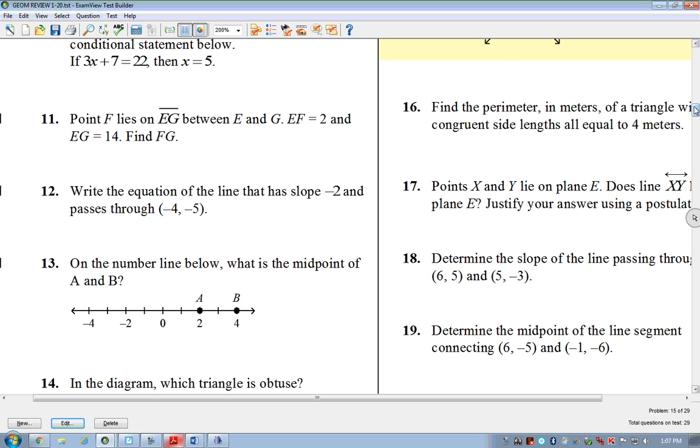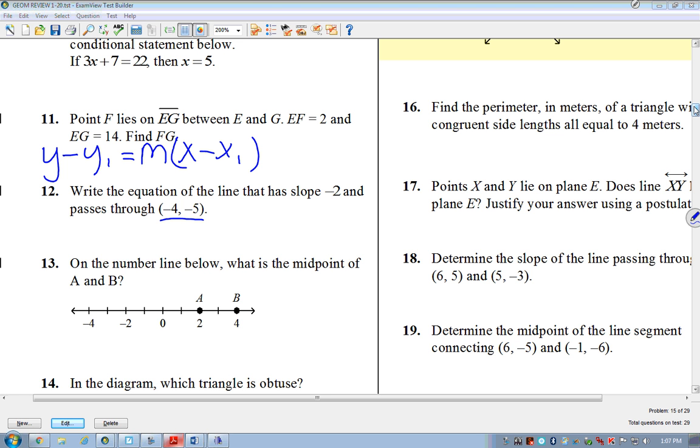Point-slope formula, I'm going to write it above 12 here. What is it, Zach? Y minus y1, which represents coordinates here, equals m, parentheses, x minus x1.